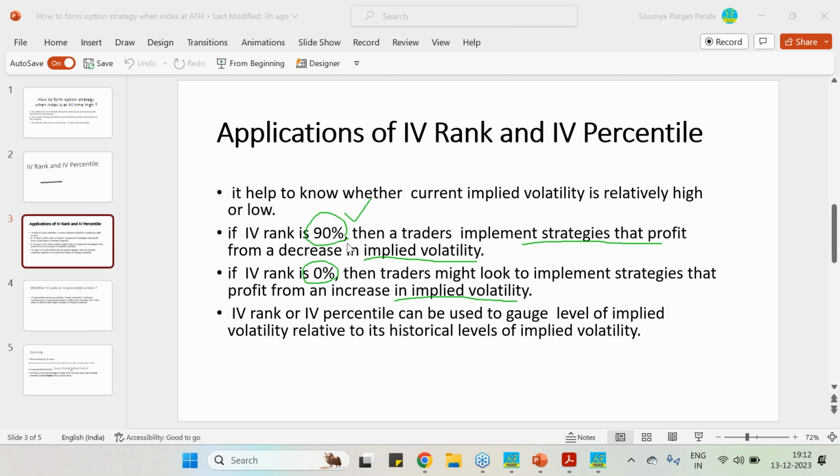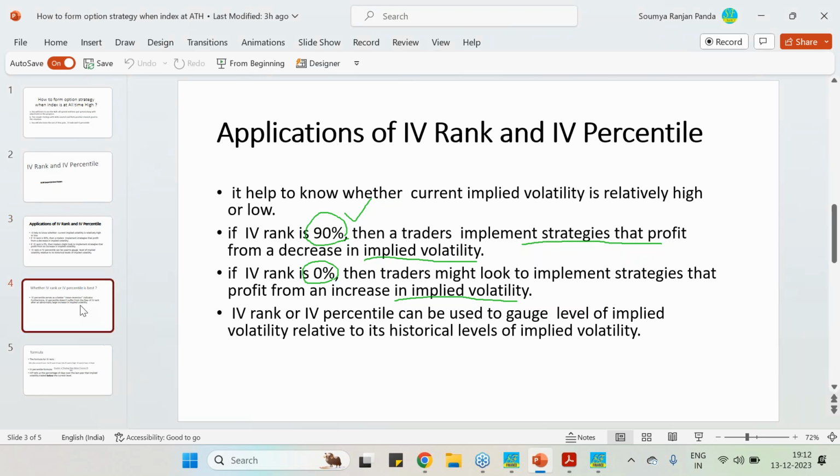So at 0 to 50% I will be very strong: okay, let me buy some options. At the same time I will see what kind of IV is there, whether IV is very high or going to go up. So buying call options, put options, any debit strategy, ratio spread, all these things we can do. At 90%, no, this is not the time to buy options. This is what we should know from IV rank and IV percentile.